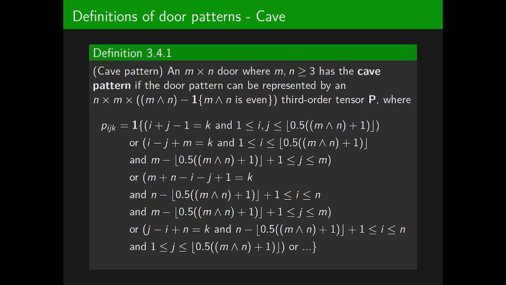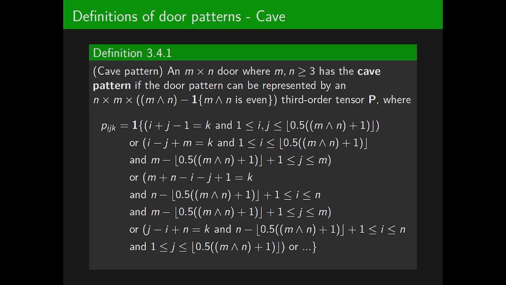Cave pattern. Yeah, it's going to be worse from here. Important things: m times m, m times n, so they don't have to be equal. m, n greater than or equal to 3.